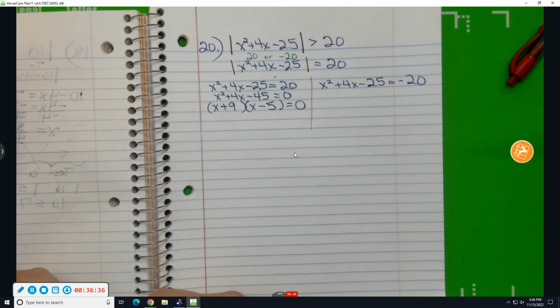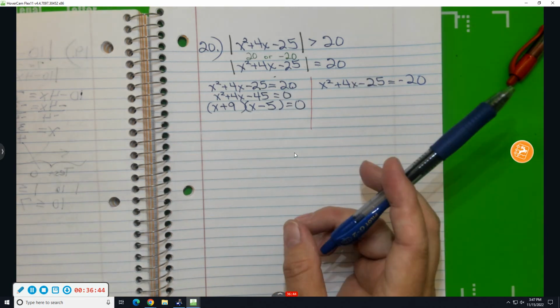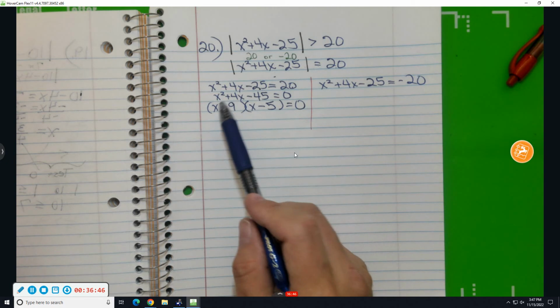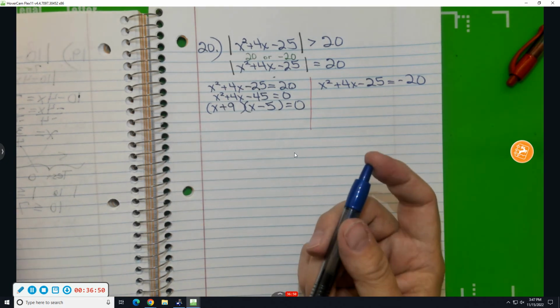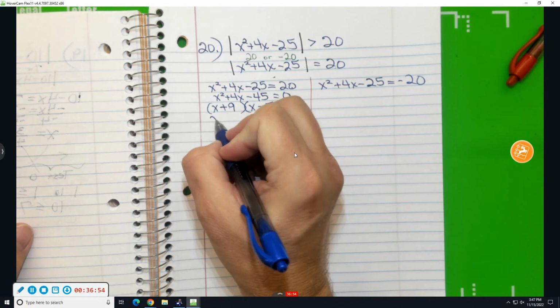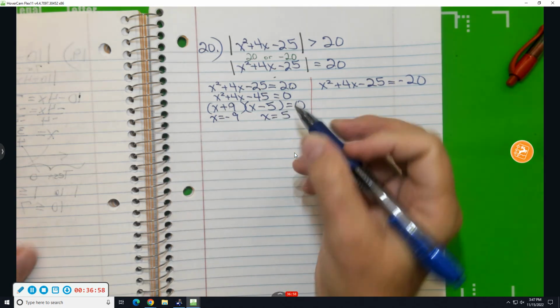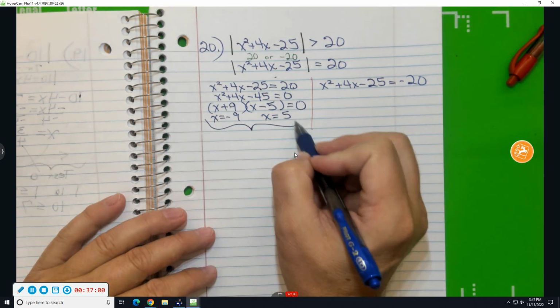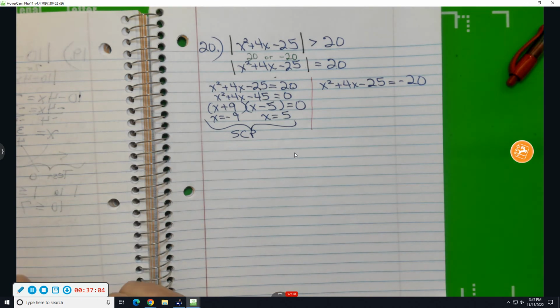Did we get the same thing inside both parentheses? No. So I'm thinking we'll be able to just check one interval. If it's a perfect square, that's when you wind up needing to check all of the intervals. Setting each factor equal to 0, we get x equals negative 9 and x equals positive 5 from our first two solution cut points.